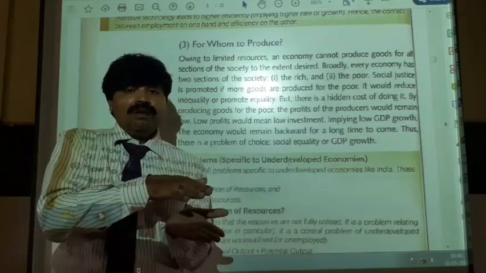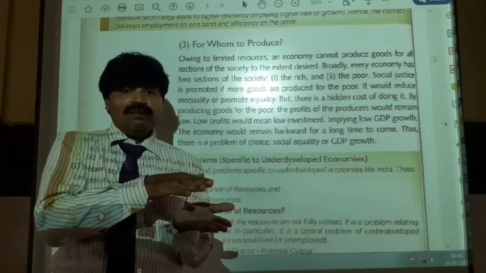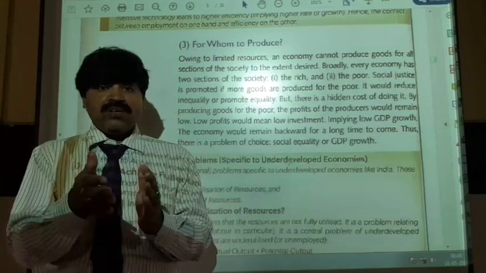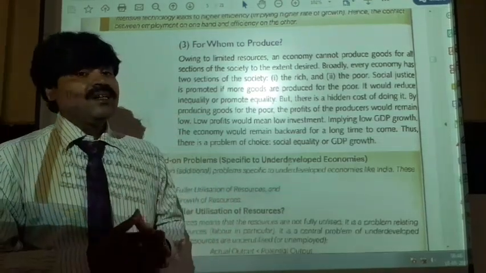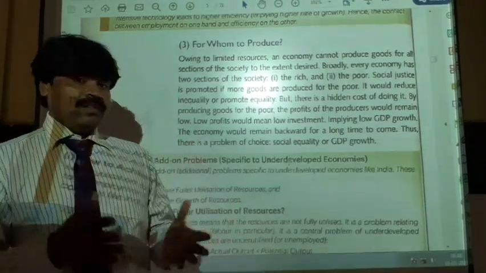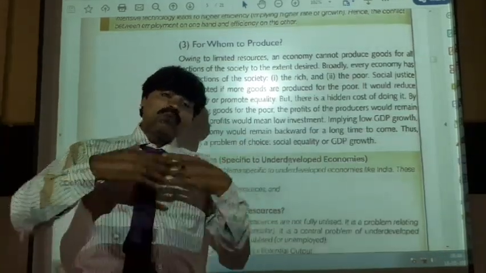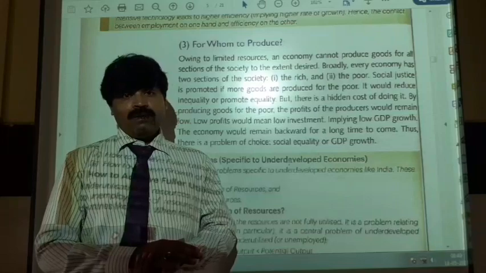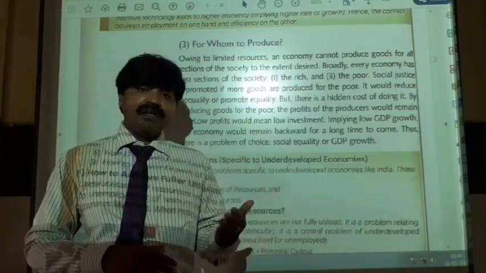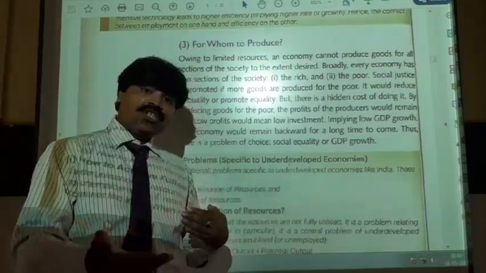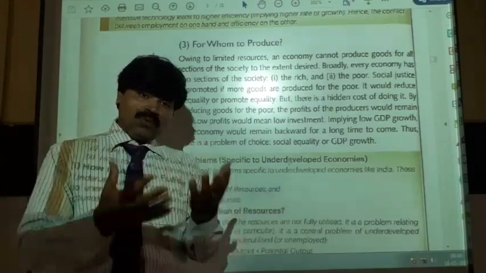So low GDP, low investment, low capital formation. So it is necessary to produce capital goods also. So a country decides for whom to produce, for the poorer section of society or for the richer section of society.